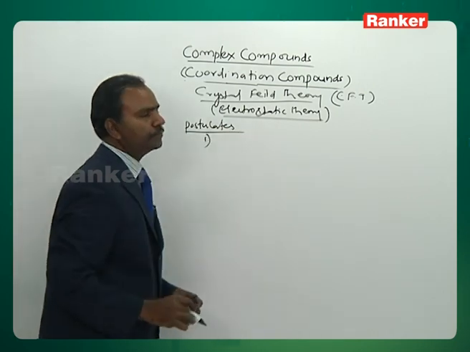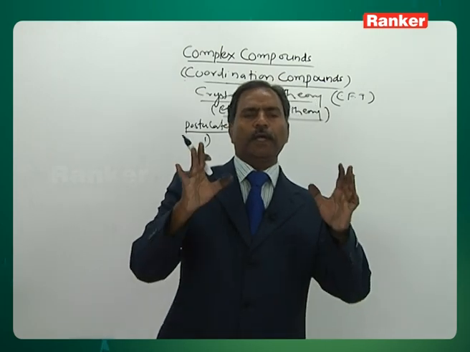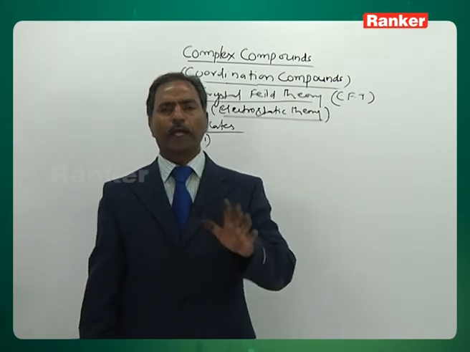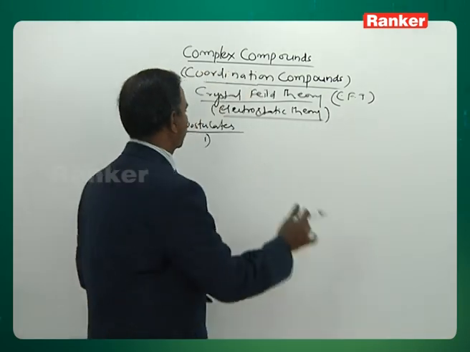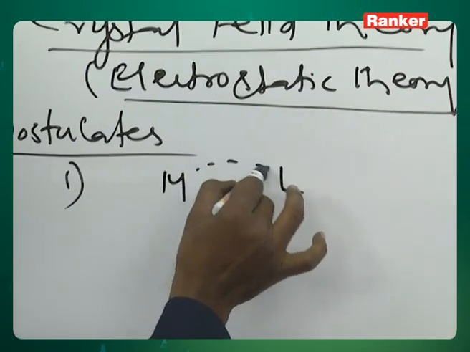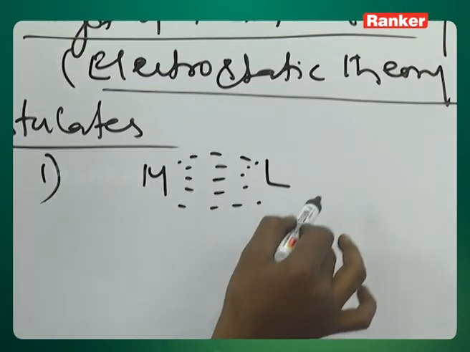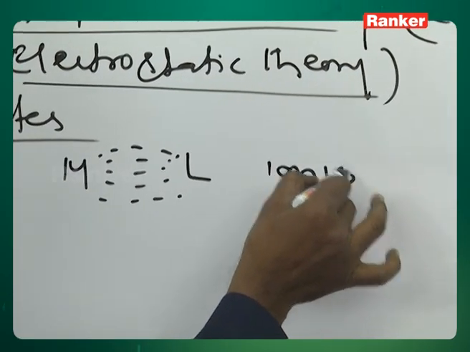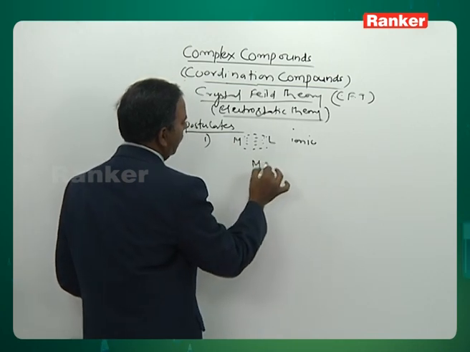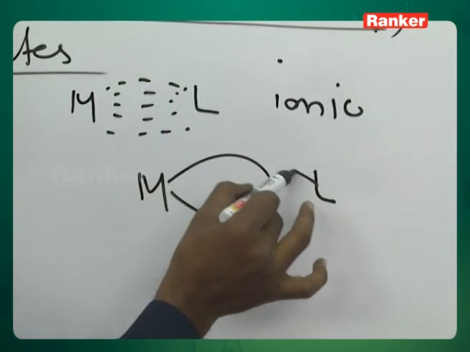First, in metal complexes, the metal to ligand bond is purely electrostatic force. It is highly ionic, 100% ionic. There is no overlapping of orbitals between the metal and the ligand, and there is no transfer of electrons between the metal and the ligand.